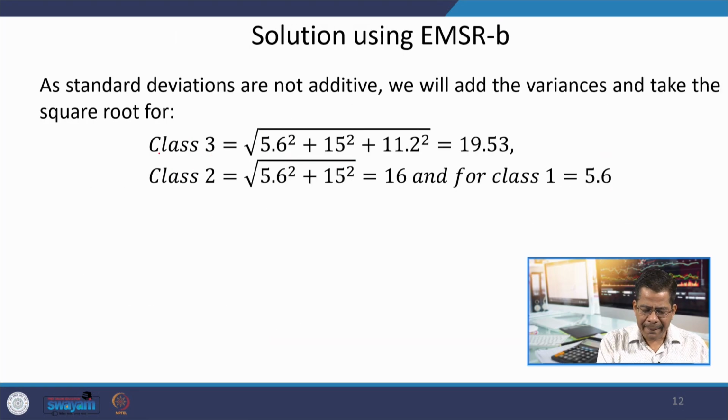This is the standard deviation, and because standard deviations cannot be added, we have to calculate the variance, take the summation of the variances and then the square root of that. So, these are the standard deviations in additive form for the upper classes.